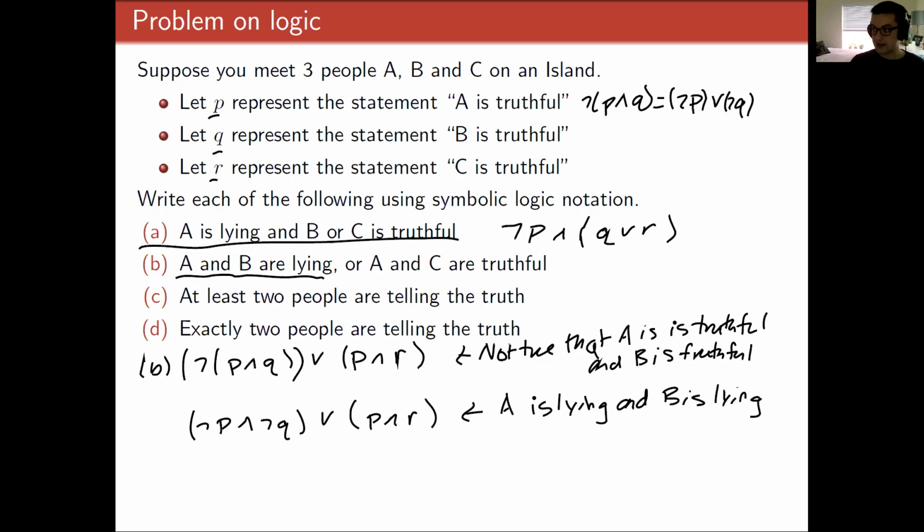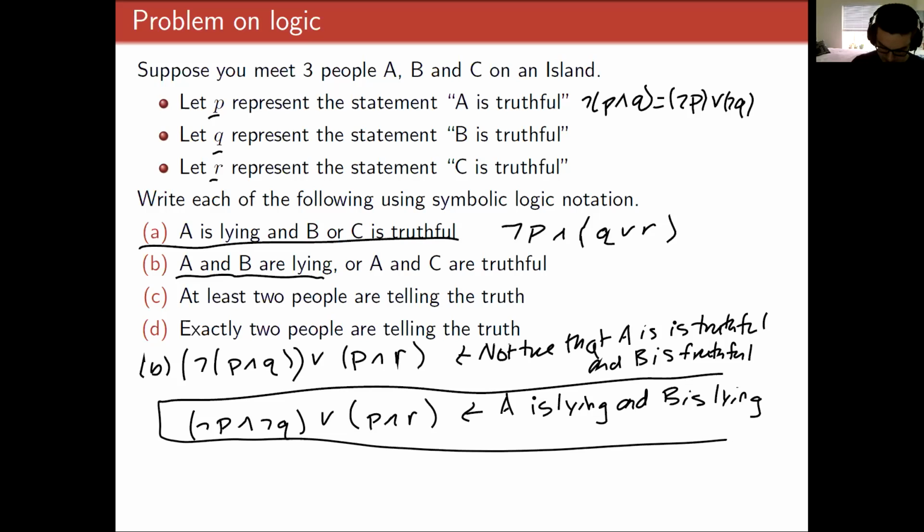So in the first part, we could have A lying and B telling the truth, or B lying and A telling the truth. But we want both A and B to be lying, so we need to use this one instead, because this tells us that both of them are lying, rather than just at least one of them lying.